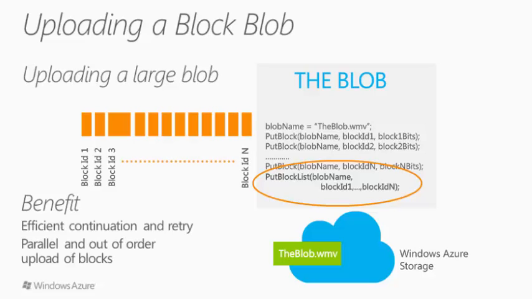And of course another benefit is parallel and out of order upload, because the only thing you need to do when we talk about order is to provide these block IDs in the appropriate order only at the last step.